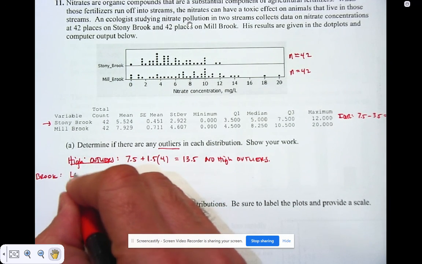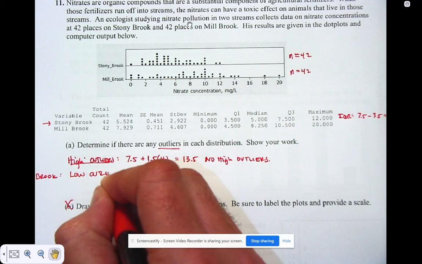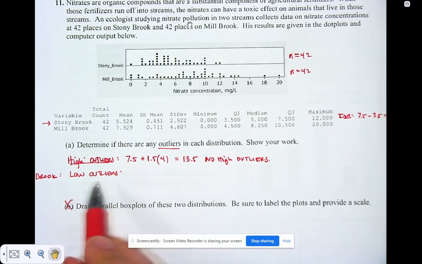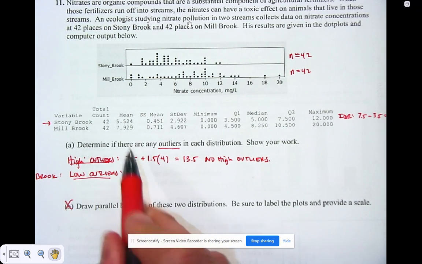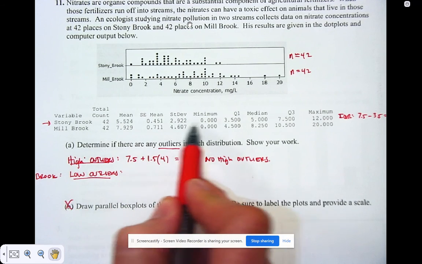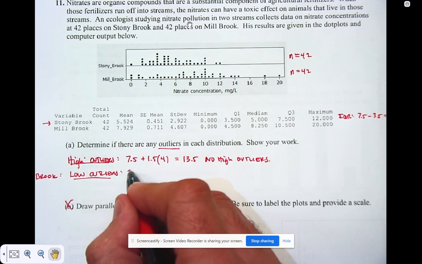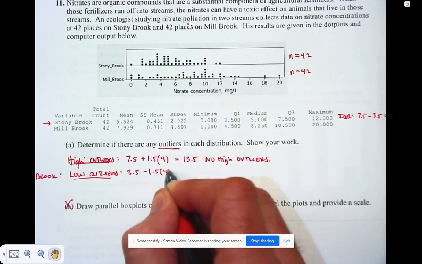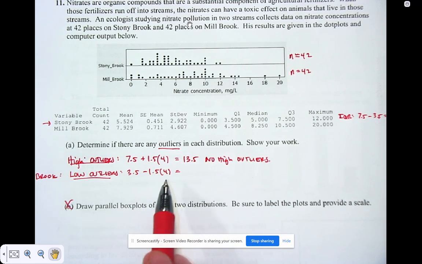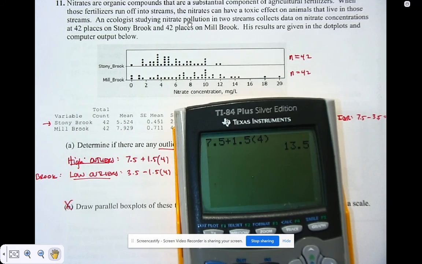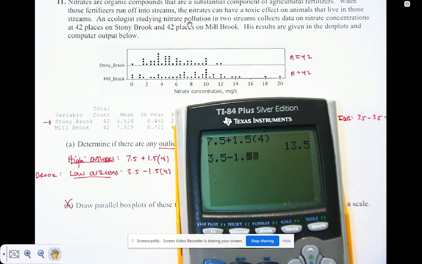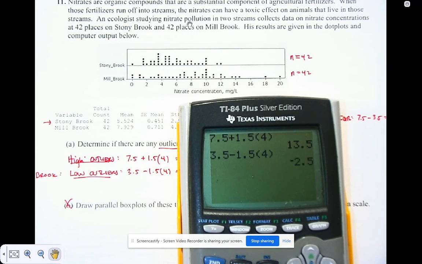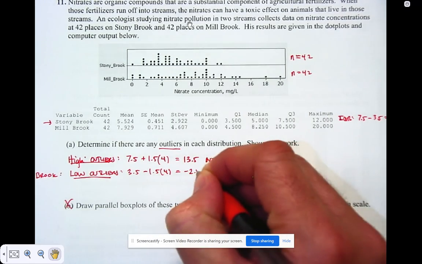Okay, let's check low outliers. To check low outliers, you go to quartile 1. Again, Stony Brook, quartile 1, 3.5, and you subtract 1.5 times 4 this time. If you type that in, 3.5 minus 1.5 times IQR, you get negative 2.5.